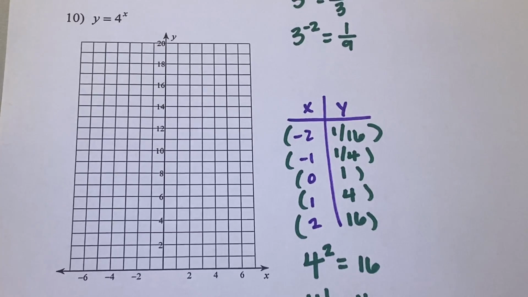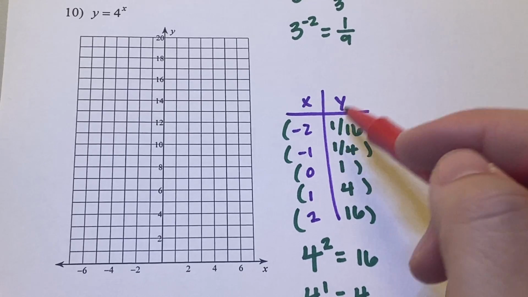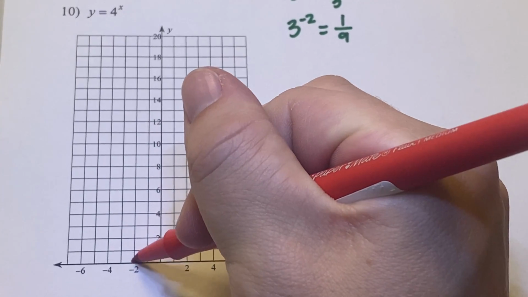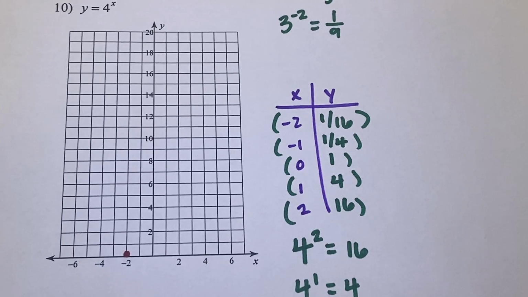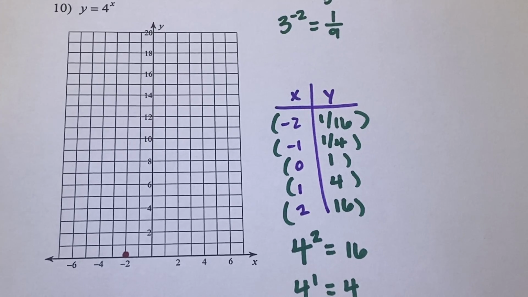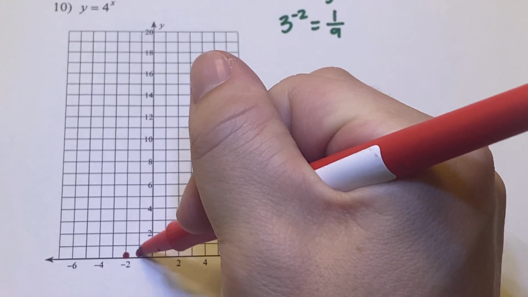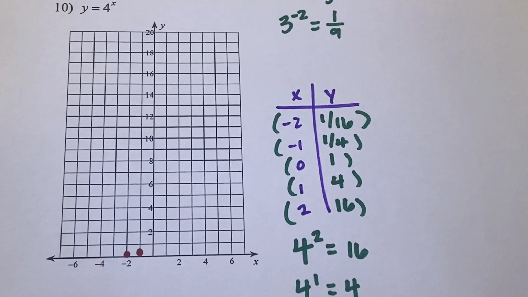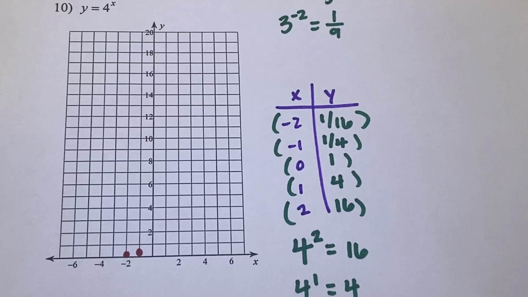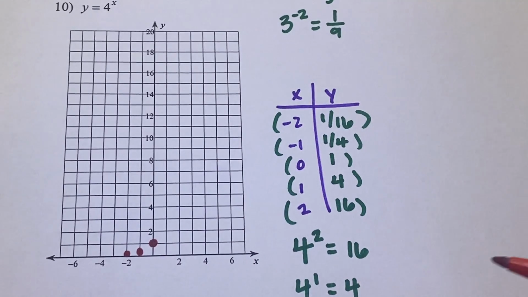Okay, so first coordinate point, -2, up 1/16. That's teeny. We can't even get that close. -1, up 1/4. Again, a little higher, still very close to that line. 0, 1, which actually is the same coordinate point no matter what our base was, right?